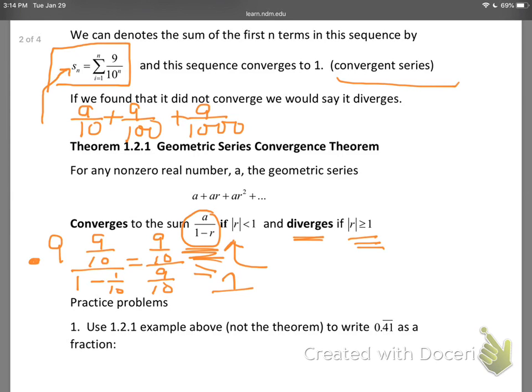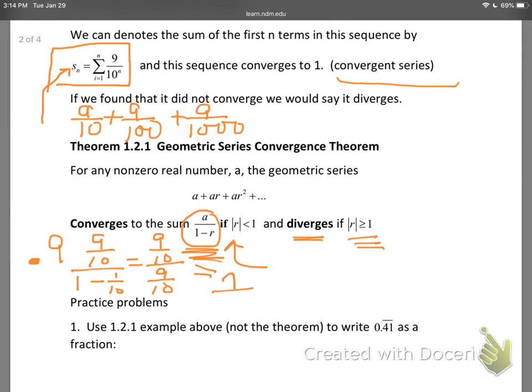All right? So we said that that sum converged to 1 just by doing the fancy algebra procedure of multiplying that initial a value by 10 and then subtracting away one of the x's and turning it into a fraction. But we also could have figured out what it converged to by using this formula.